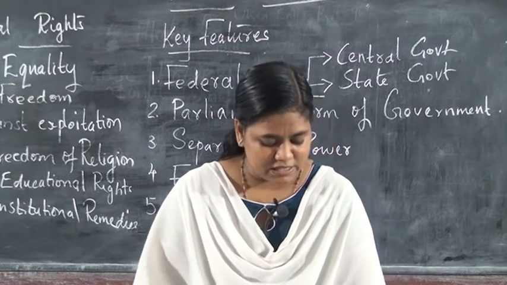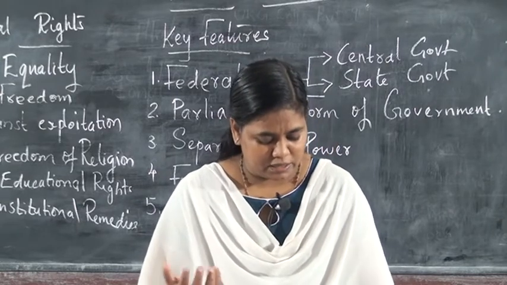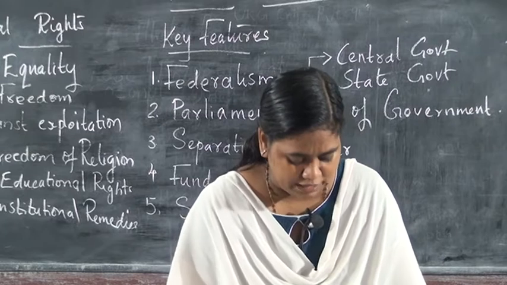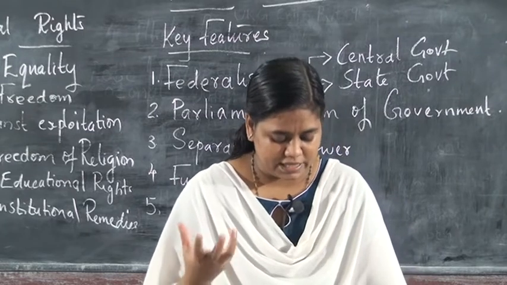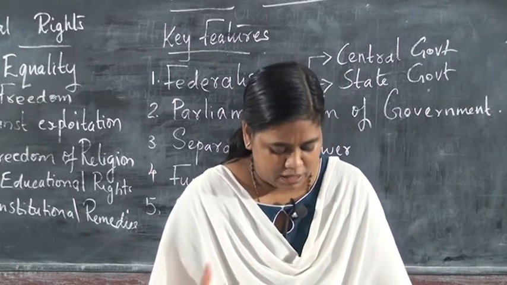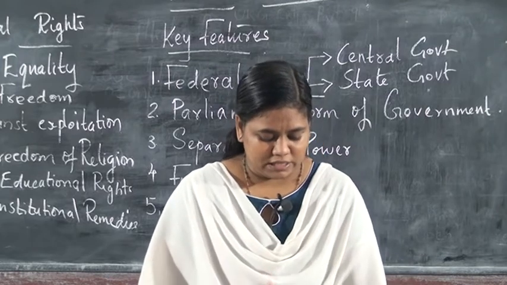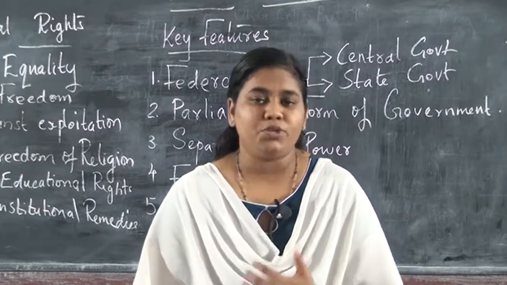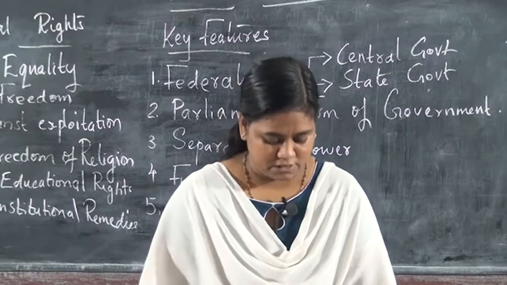The first objective is that every citizen must be in a position to claim those rights. Secondly, the rights must be binding upon every authority that has the power to make law. Those were the 2 objectives.